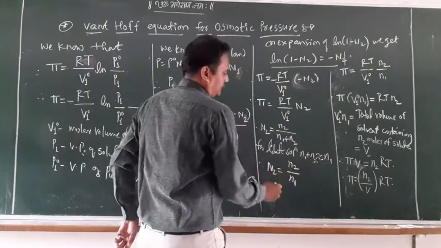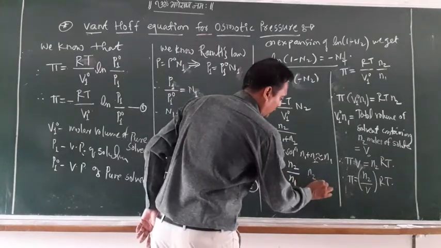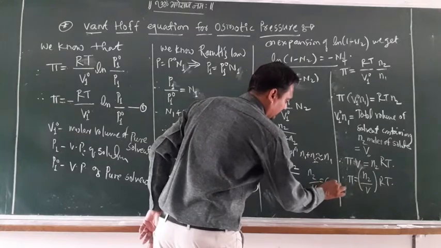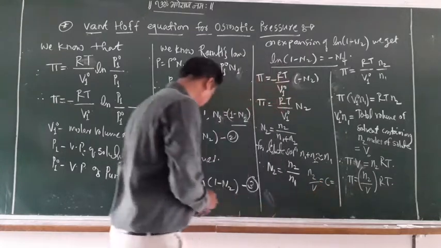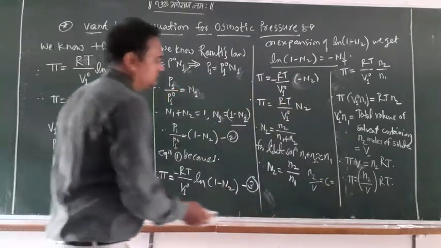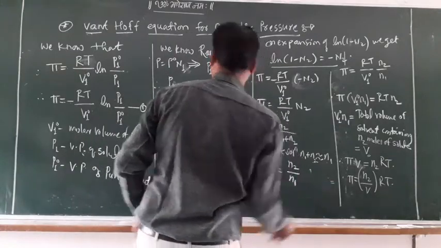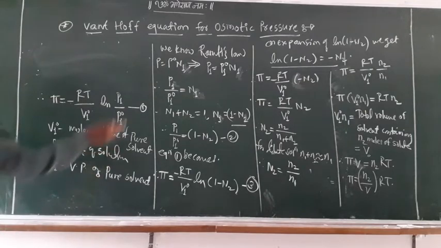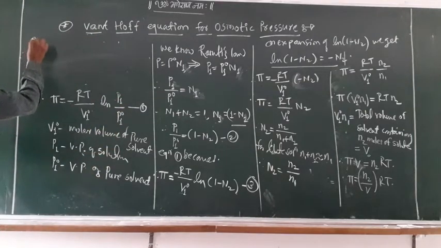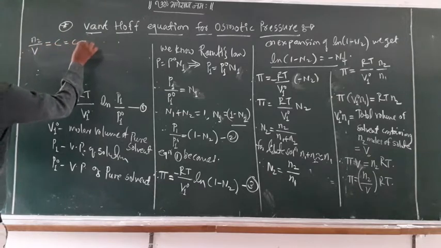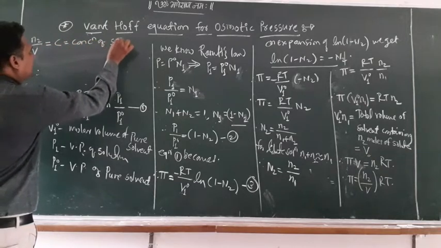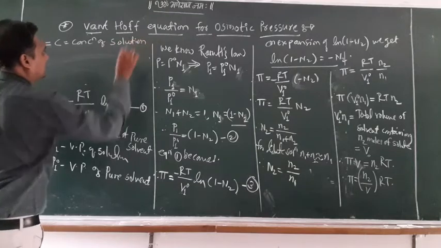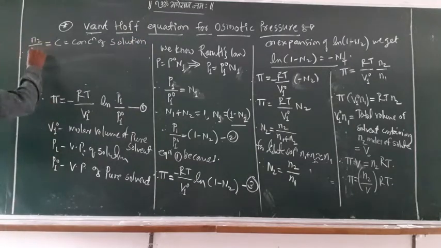But n2 upon V is equal to C, the concentration of solution, that is, the number of moles per liter.